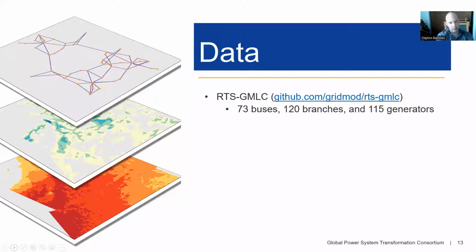We chose this because it's reasonably small, with 73 buses, and easy enough to work with. It also has enough suitable data that we can do some somewhat interesting planning case studies. So we will start with this RTS GMLC network and do a variety of different modeling activities on that network. Next slide.